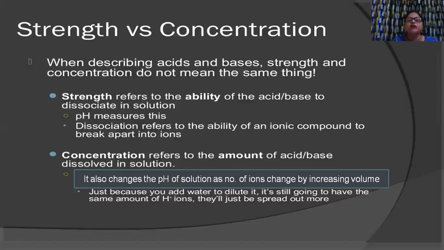So here we have only 4 to 5 H plus ions. In this case, where there is partial ionization, such acids are called weak acids.